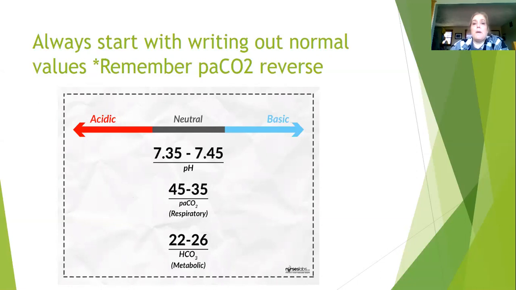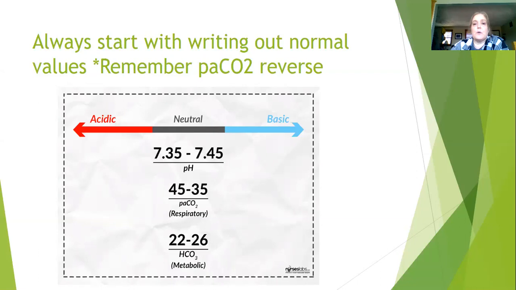All right. Bicarb, 22 to 26 is the range we're using. You may see other ranges for bicarb and even CO2 in different textbooks or in different videos. For our testing purposes, these are the ranges we're going to use. And remember, like all the labs that can vary, NCLEX will be very obvious which way it's leaning towards.